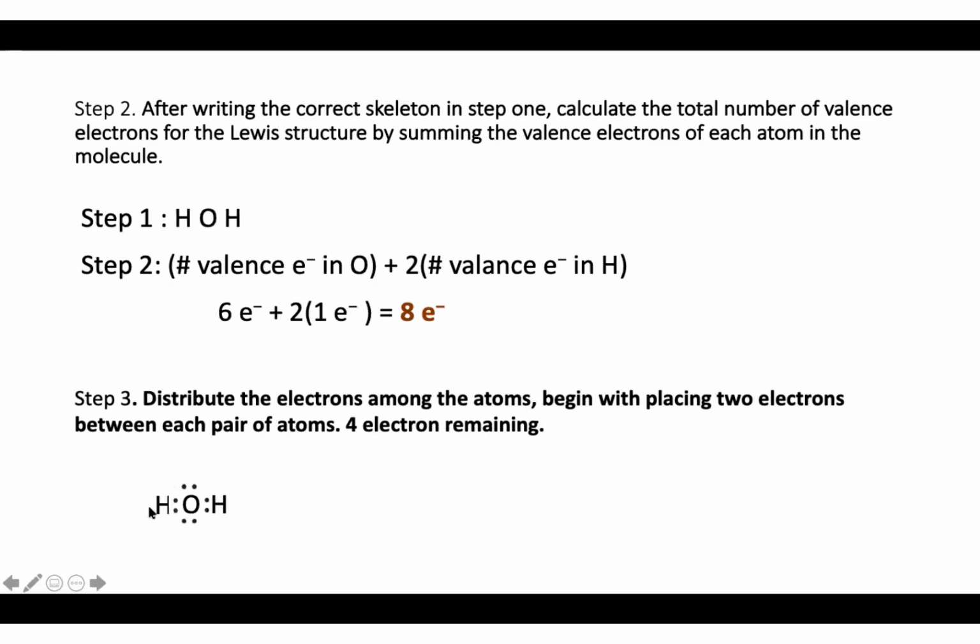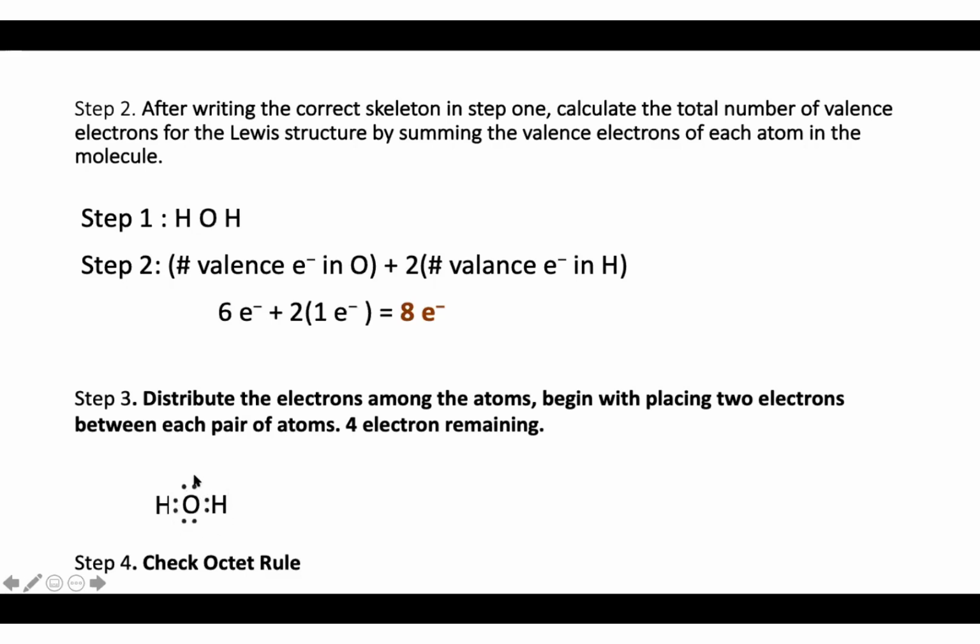So let's count and see. After we are done, we should check the octet rule. Each hydrogen reaches 2. See, I have 2 next to hydrogen. The electrons between each two elements are shared between the two elements. So these 2 belong to hydrogen, and also these 2 belong to oxygen.